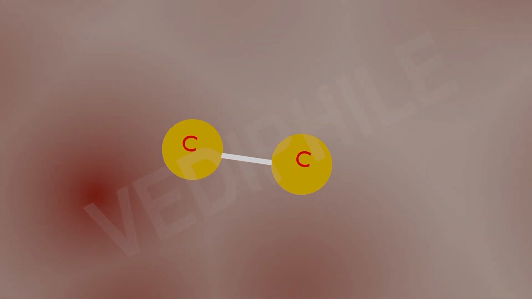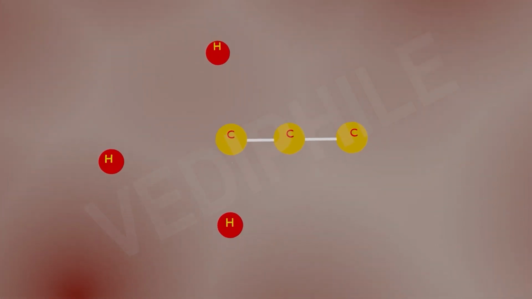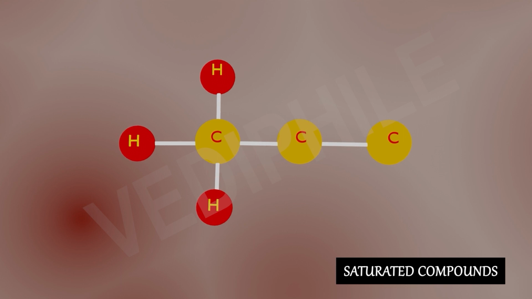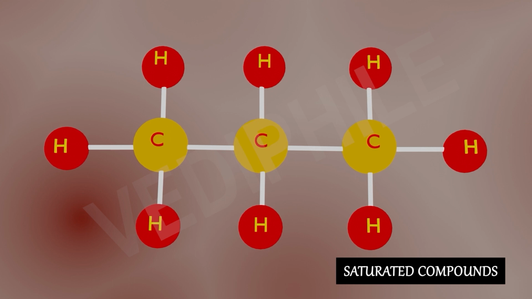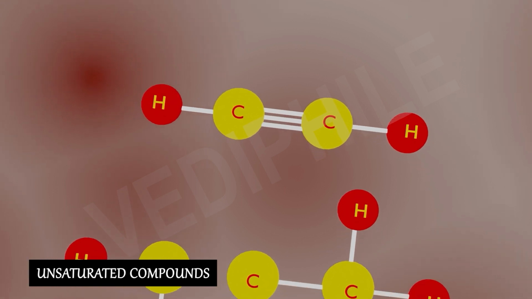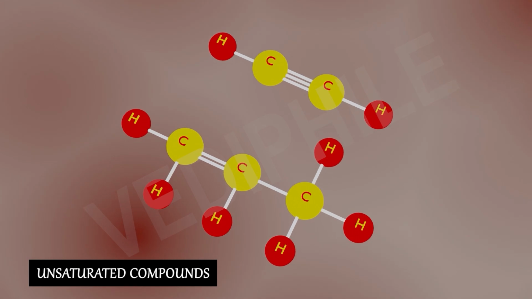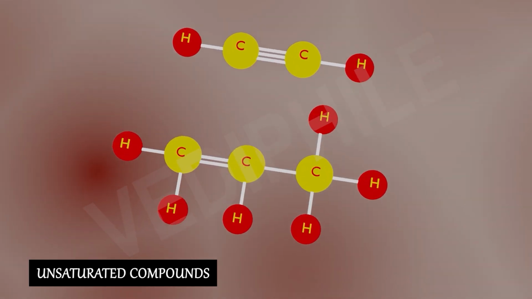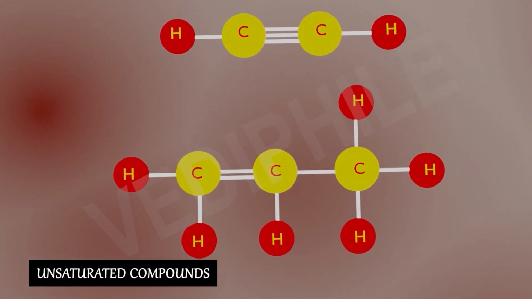Compounds of carbon which are linked by only single bonds between the carbon atoms are called saturated compounds. तो saturated compounds किसको कहते हैं? जब एक कार्बन दूसरे कार्बन से सिंगल बॉन्ड के थ्रू अटैच हो, उन कंपाउंड्स को हम कहते हैं सैचुरेटेड कंपाउंड्स. तो इसका रिवर्स हो जाएगा अनसैचुरेटेड, यानी वो कंपाउंड्स जिनमें कार्बन एटम्स दूसरे कार्बन एटम से डबल बॉन्ड या ट्रिपल बॉन्ड से अटैच्ड हो. Compounds of carbon having double or triple bonds between their carbon atoms are called unsaturated compounds.